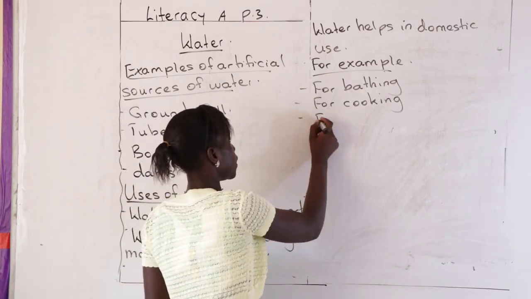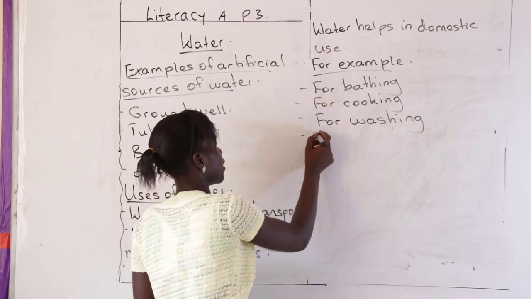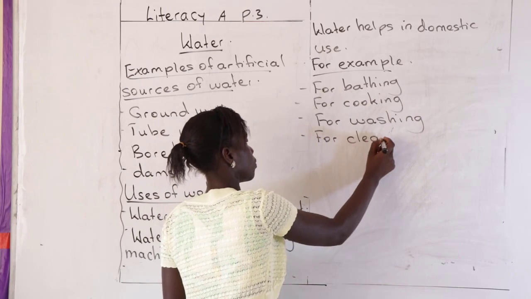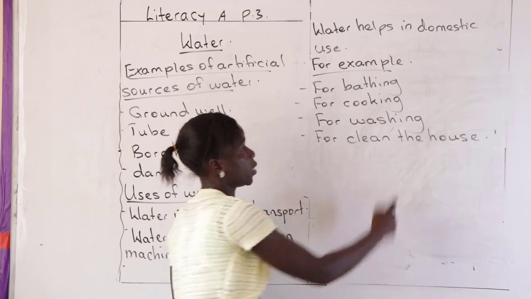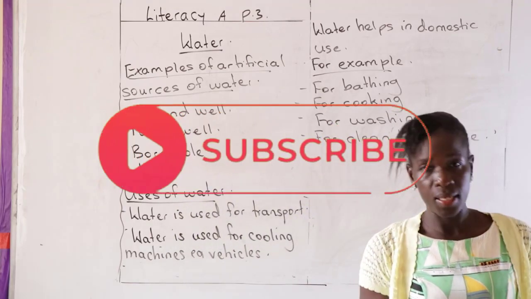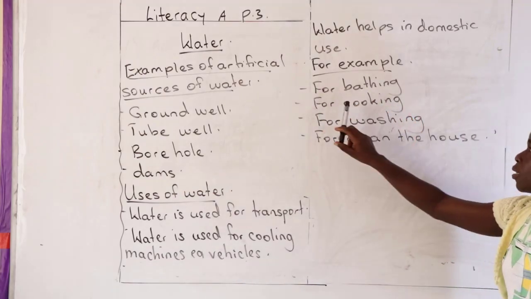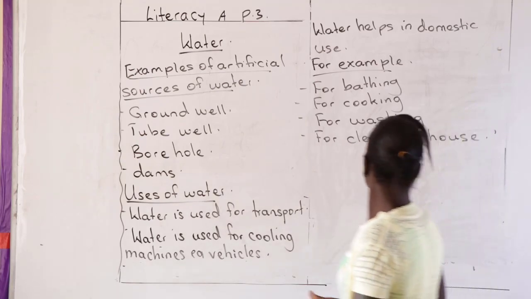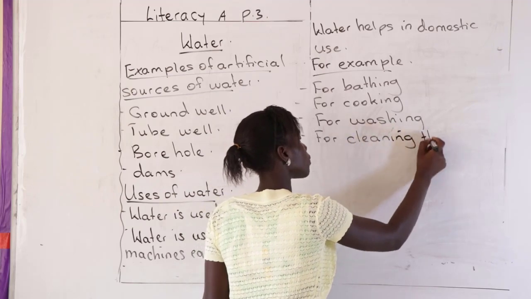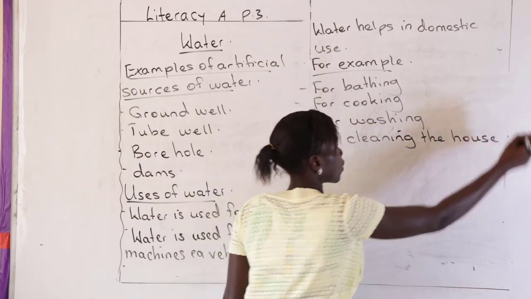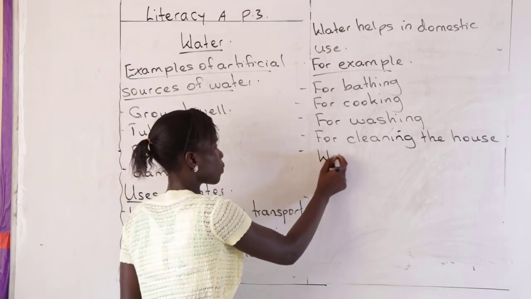We use water for washing, for cleaning the house, for washing clothes, utensils, and many others. So those are some of the domestic uses of water: bathing, cooking, washing, and cleaning the house.